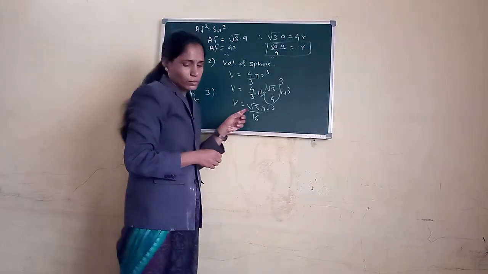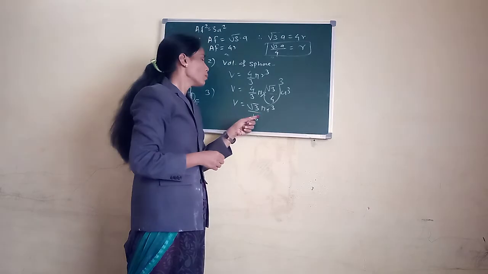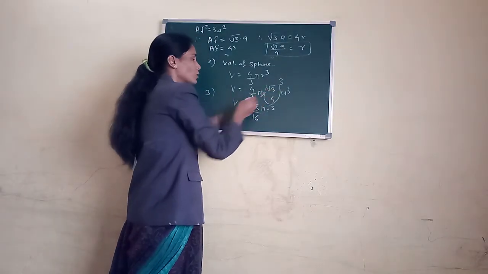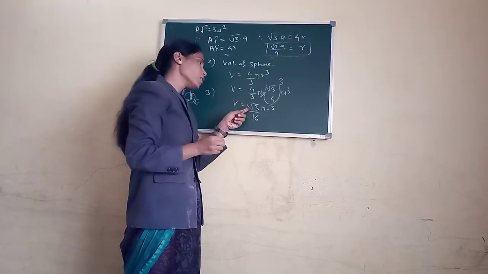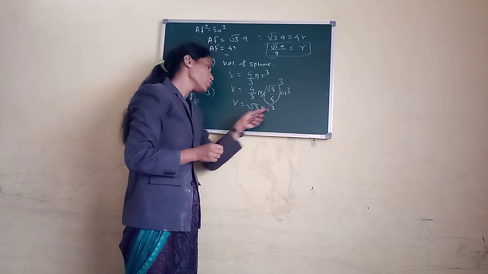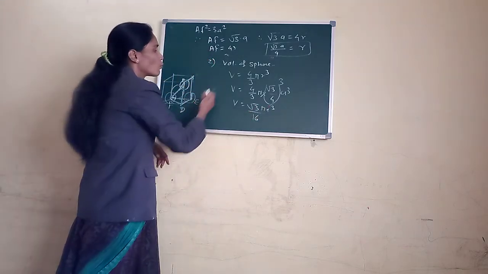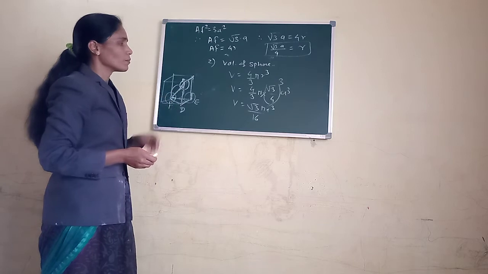By calculation, we get formula V is equal to under root 3 pi a cube upon 16. This formula is for only one sphere.